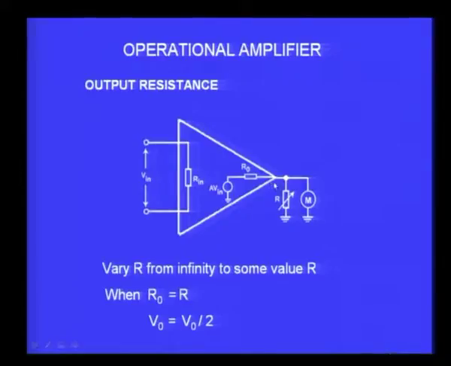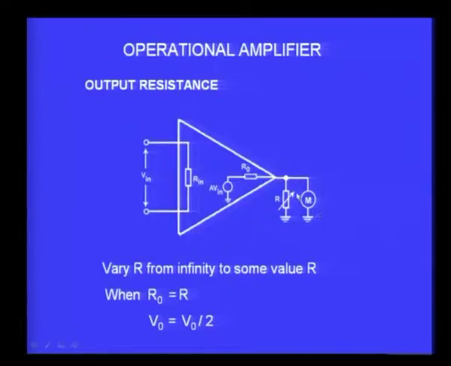Now, if you look at the circuit with the external resistance connected, without this resistance, if you measure the voltage using the multimeter M, you will get V naught.